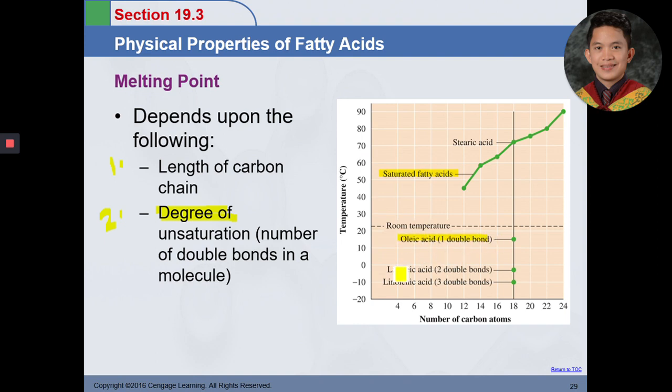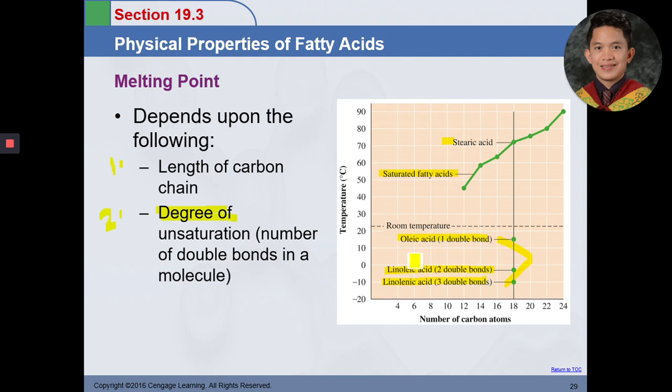So these three, kaning tulo, oleic acid, linolenic acid, and linoleic acid are all unsaturated. Whereas this one, stearic acid, is saturated. Makita nato diri sa graph nga saturated fatty acids have higher melting points than unsaturated fatty acids.